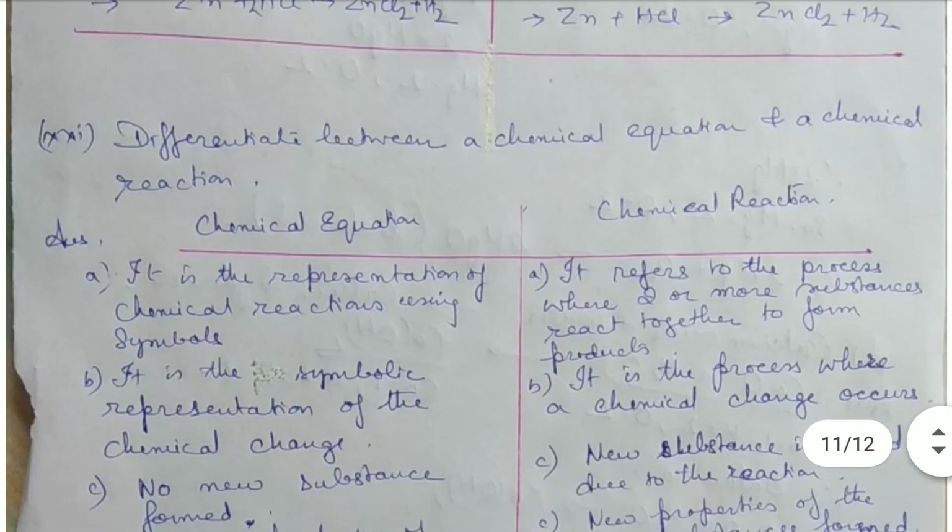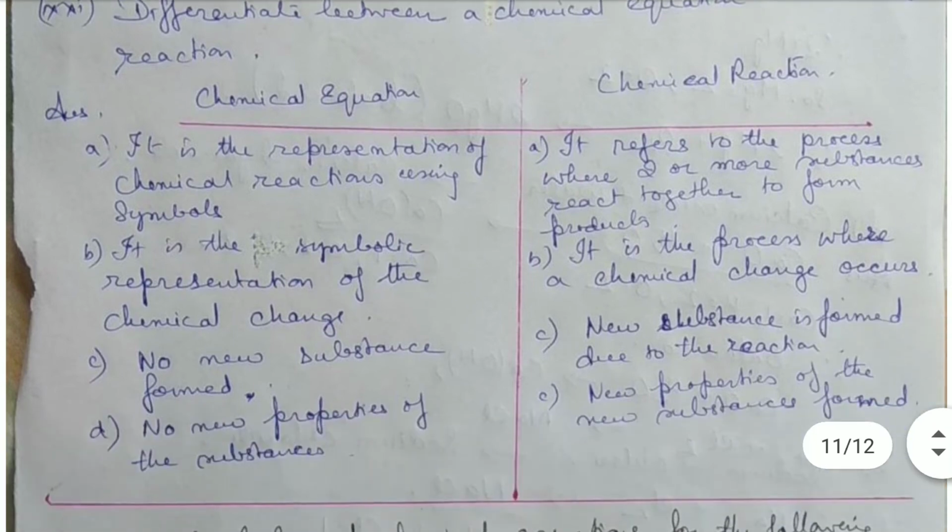Now differentiate between a chemical equation and a chemical reaction. A chemical equation is a representation of the chemical reaction using symbols. Whereas a chemical reaction refers to the process where two or more substances react together to form the products.